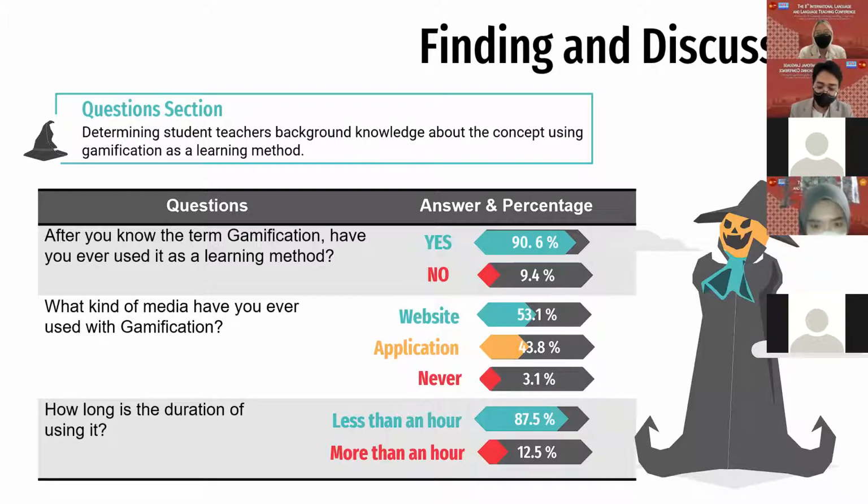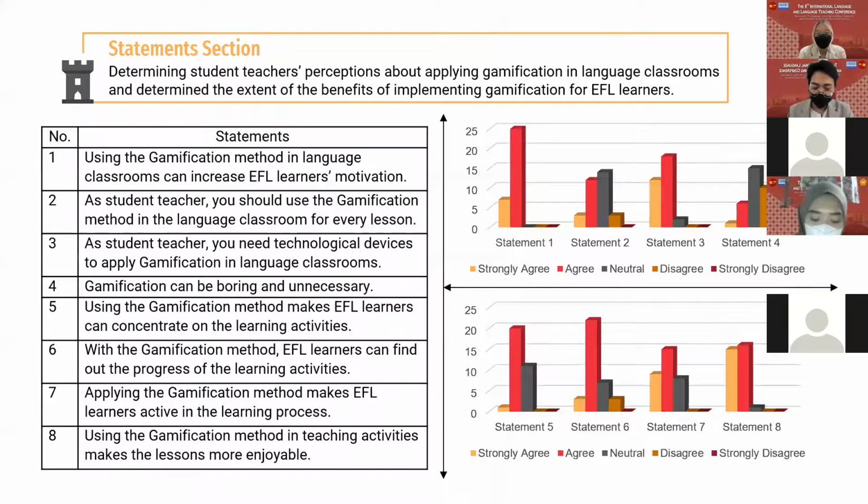And next, we go to the statement section. For the statements, there are 12 statements. First, I provide 1 until 8. For number 1, as many as 7 participants strongly agree and 25 participants agree.